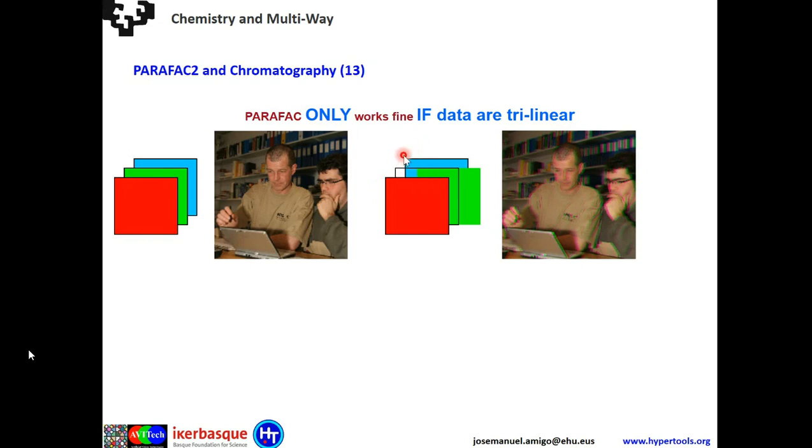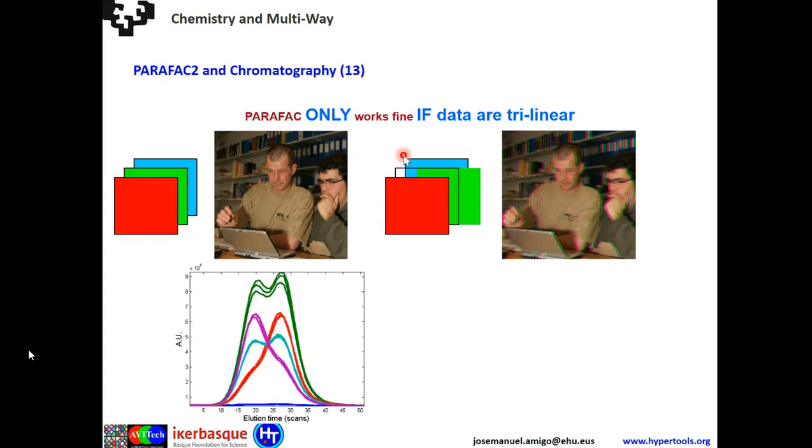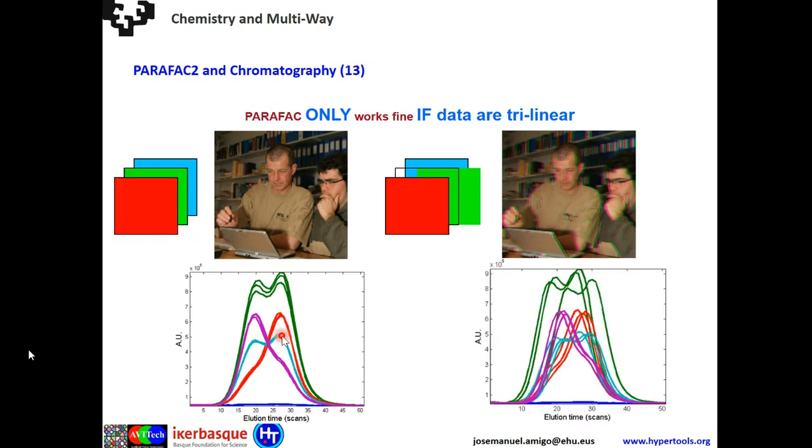If we translate this into chromatographic data, this is the perfect chromatographic data, in which each component coelutes in all the samples at the same elution time, but this is not real. Normally we have elution time shifts. This is the same thing that happens here, and it is one of the reasons we lose trilinearity. There is no longer correspondence between these two dimensions and the third dimension.